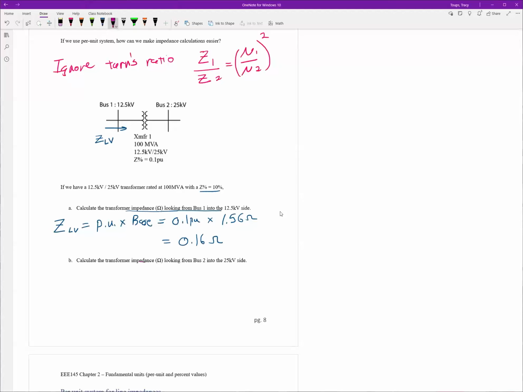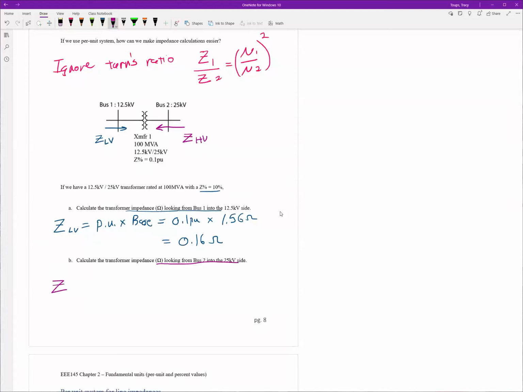Now, let's look at the high voltage side. So calculate the transformer impedance looking from bus 2, into the 25 kV side. So we're looking at the impedance from the high voltage side, which is going to be drastically different. It's going to be different by N1 over N2 squared.